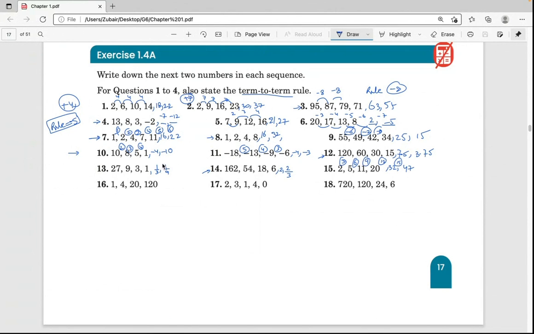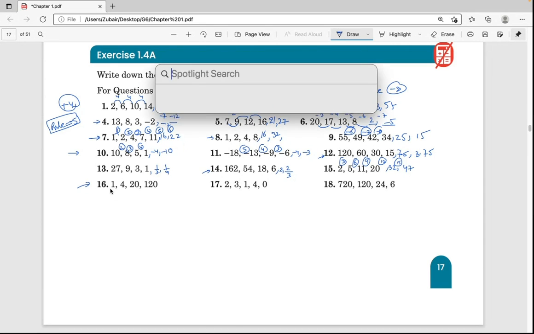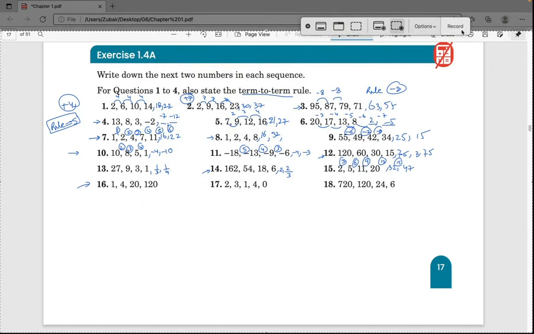Question number 16. This is 1, 4, 20, and 120. So what is the sequence going on? 1, 4, 20, 120.